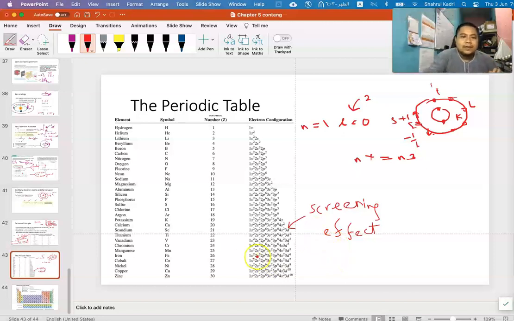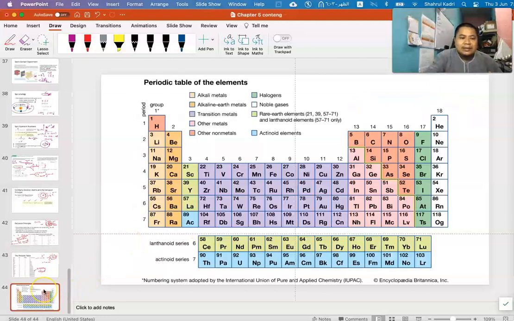Okay. So seterusnya, apabila kita dah boleh buat electron configuration ini menggunakan spectroscopic notation, kita tengok di bawah bahawa kita boleh susun unsur-unsur ni kepada kumpulan-kumpulan dia, dan kita juga boleh meramalkan sifat-sifat kimia dan sifat-sifat fizik bagi atom-atom ni.